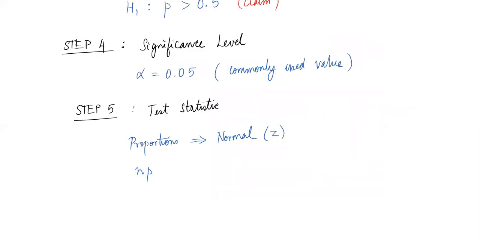Remember again, this proportion is to do with binomials, so all the binomial conditions must be satisfied. That's why we said there must be at least 5 successes. So these would be your requirements.